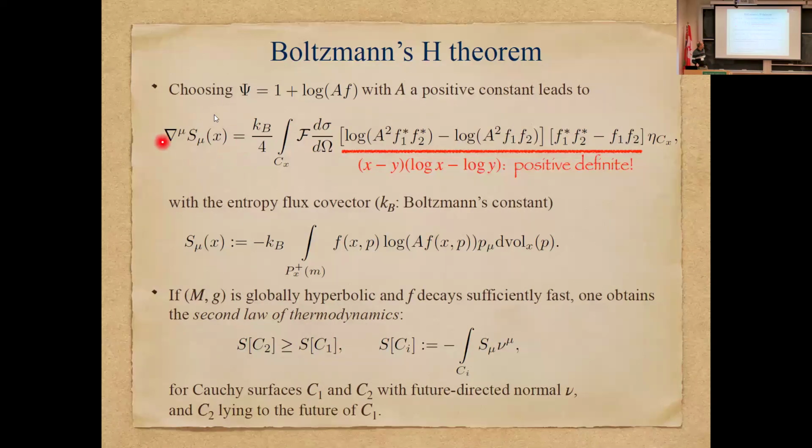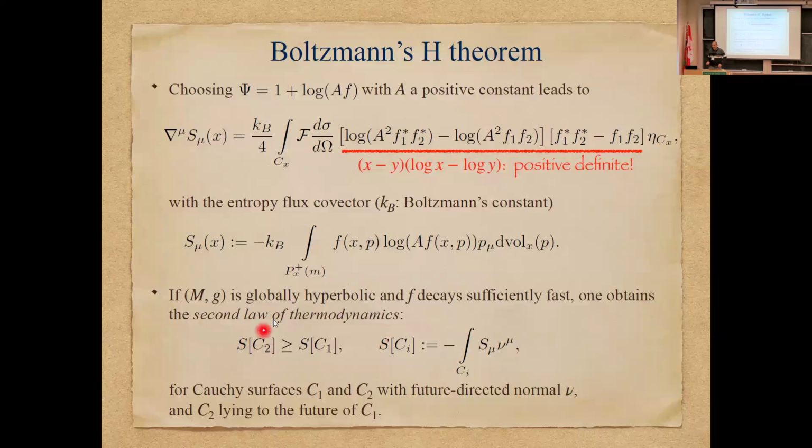You integrate this over a space-time region between two Cauchy surfaces, say, and if nu here is the normal to the Cauchy surface, you define this to be the entropy contained on the Cauchy surface.